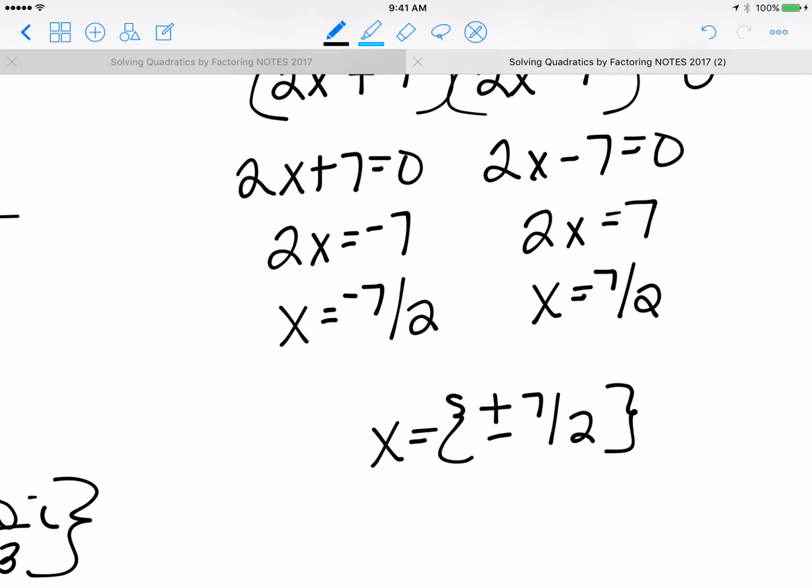All right, so your answer is x is equal to plus or minus 7/2.